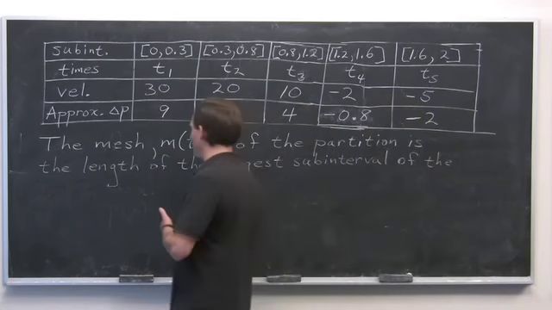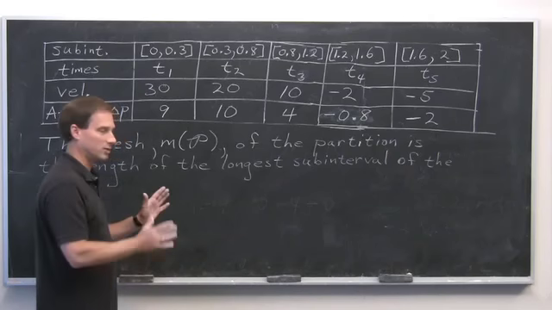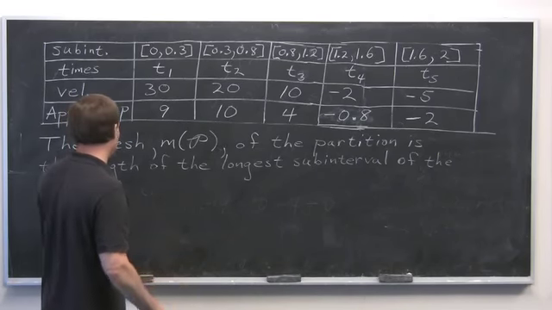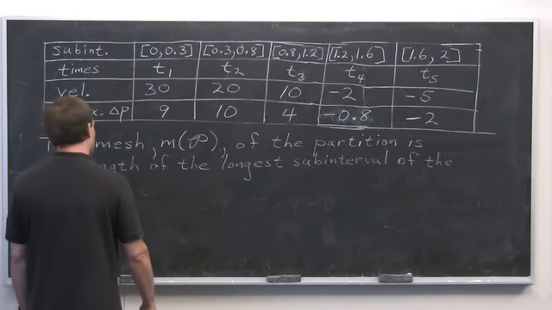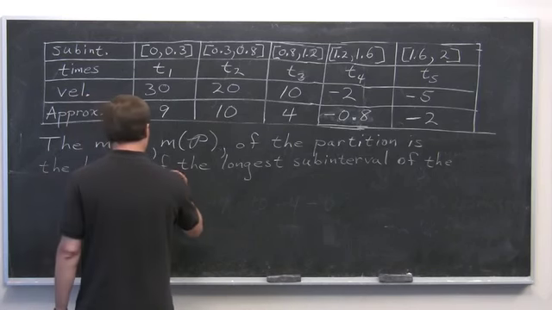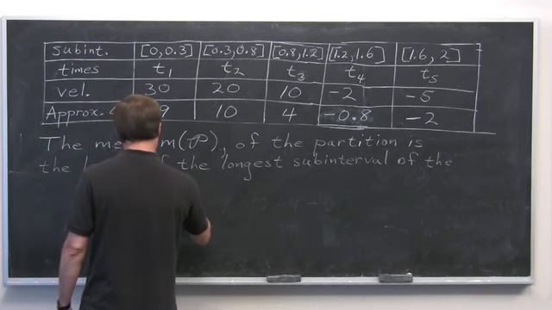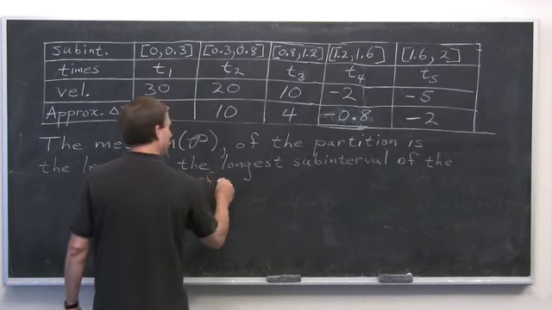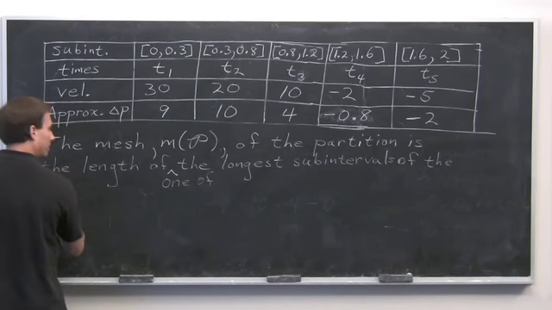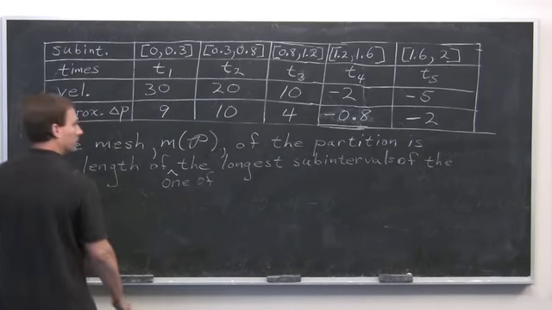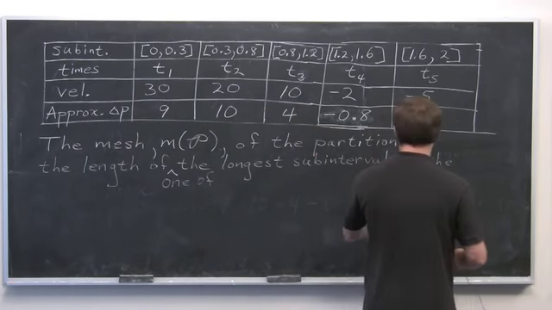Of course, there might be more than one interval that has the same longest length, but we're interested in the length of it, so we just take the biggest length that occurs. It is the length of one of the longest subintervals of the partition. So I'll just say subintervals of P.